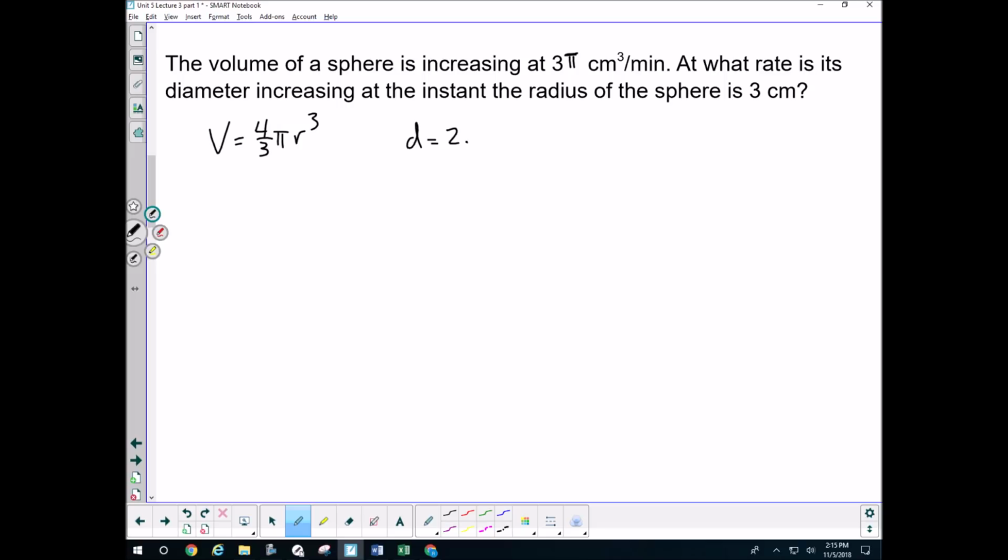Another one where I'm going to use d equals 2r. Trying to find dd/dt. I'm given dV/dt. And r is 3.